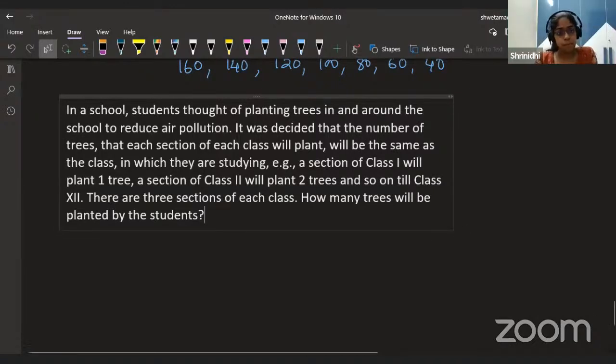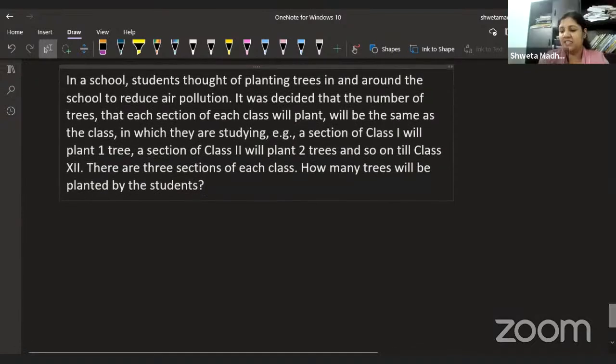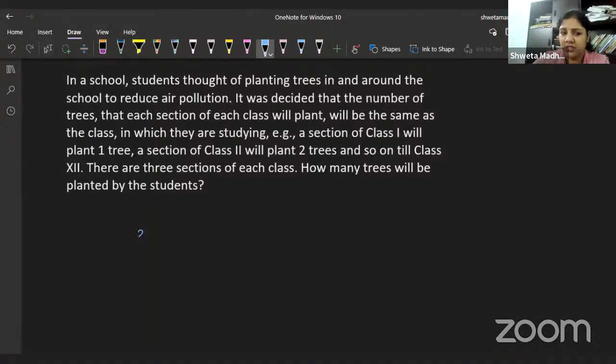Yes, ma'am. So each section plants the same number of plants, whatever the class is. Class 1 will plant one tree per section, and there are 3 sections, so class 1 will plant 3 trees. Class 2 will plant 2 plus 2 plus 2, 6 plants. Class 3 will plant 3 plus 3 plus 3, 9 plants.